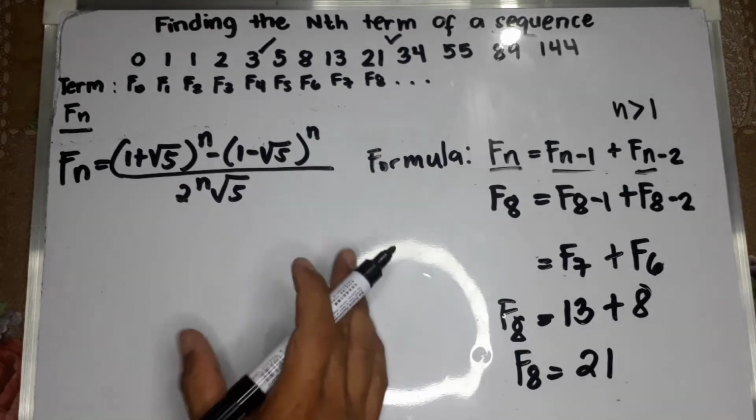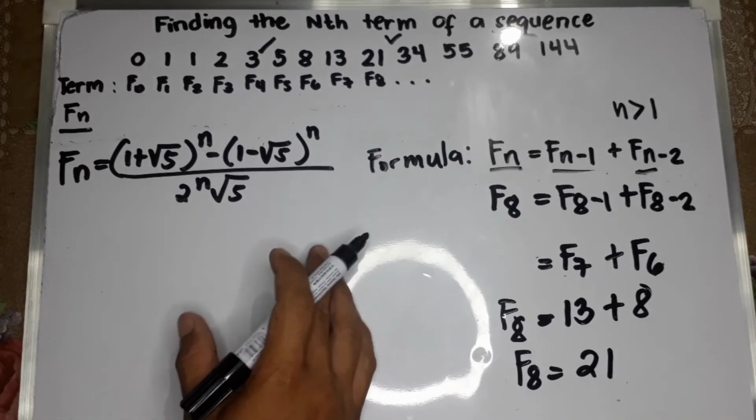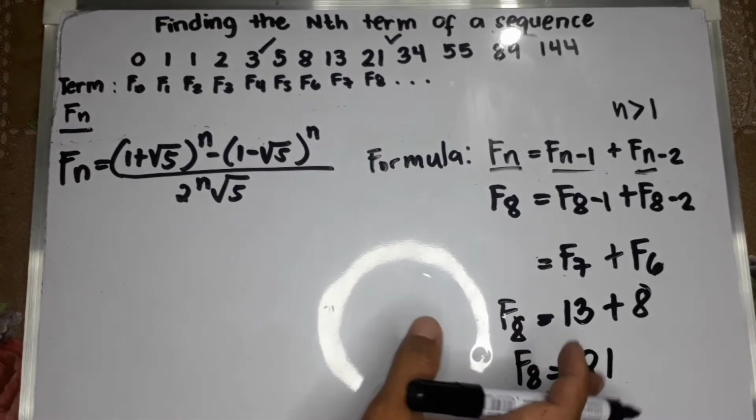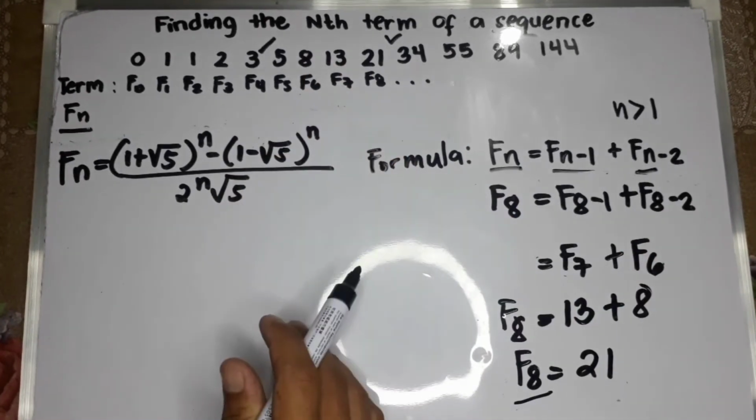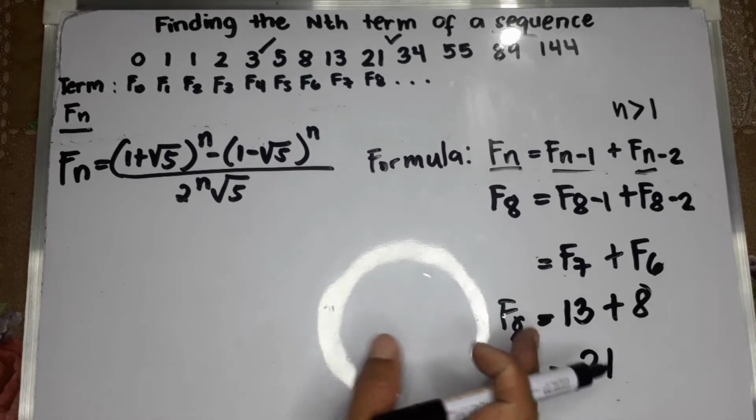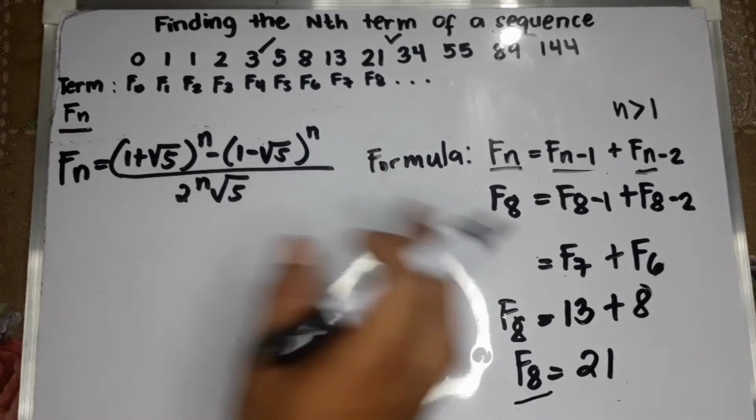Now, let us try to check if we can get the same answer with this formula. So we will use a term to check if we can get the same answer using a different formula.